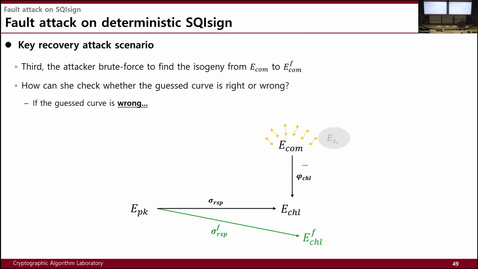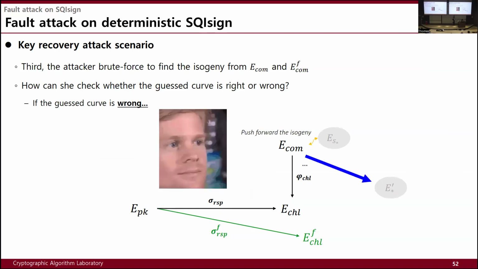Then the attacker brute-forces to find the isogeny between the commitment curve and the faulty one. Then how can she check whether the guessed curve is right or wrong? If her guess is wrong, then the information made from a wrong curve makes a wrong isogeny. Then the pushed faulted isogeny goes somewhere else.